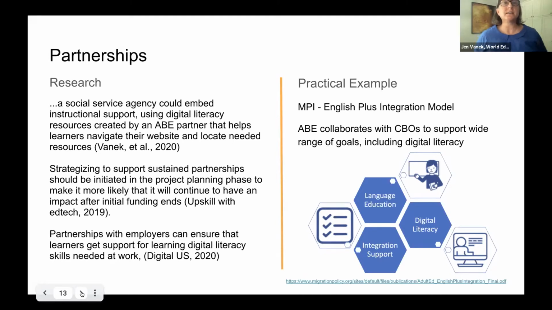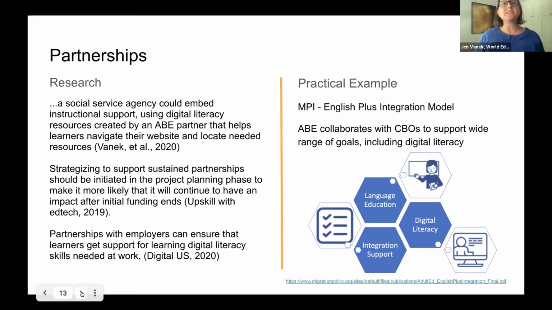The English Plus integration initiative created by the Migration Policy Institute's National Center on Immigration Integration Policy aims to connect community-based organizations with education providers, public health officials, early childhood education services, and social service providers.